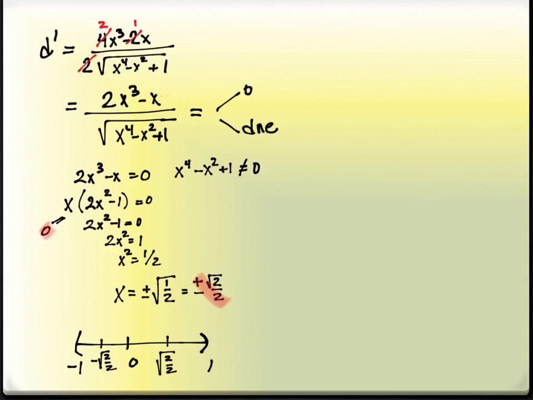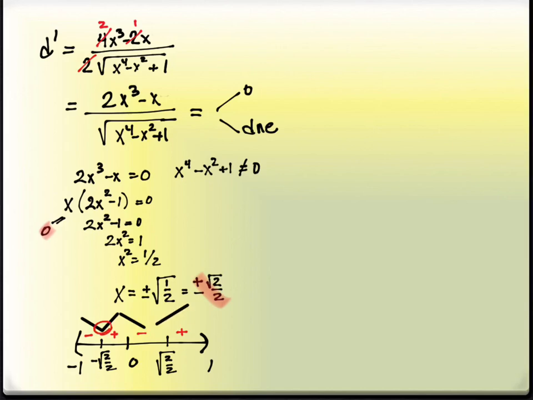And I know we're running short on time, so let me just tell you what happens when we put values in between those values. This one's negative, positive, negative, and positive. So negative, positive, positive, negative, negative, positive, like this.